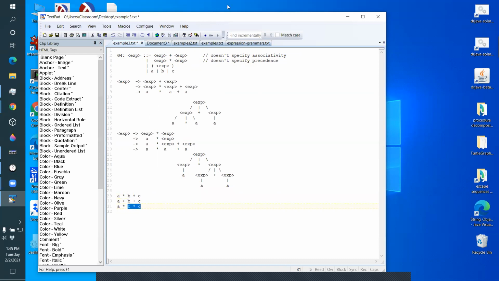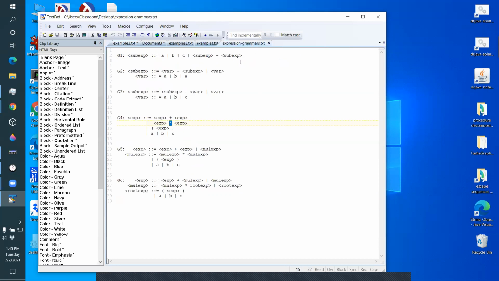Oh, I remember, I just thought of something. Why did he use subtraction here? It was clever of him to use subtraction there. Let me give you a clue. A minus B minus C. Group it this way or group it this way. Think of 1 minus 2 minus 3. Group it this way versus group it this way. What do you get?